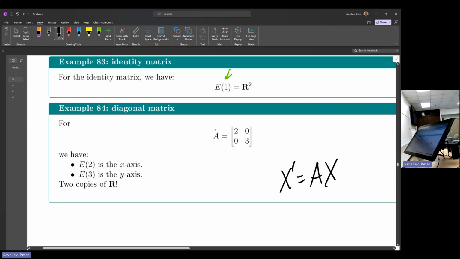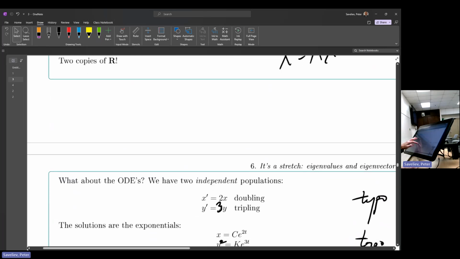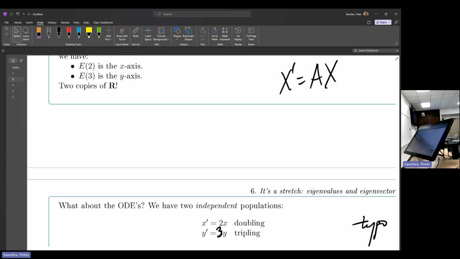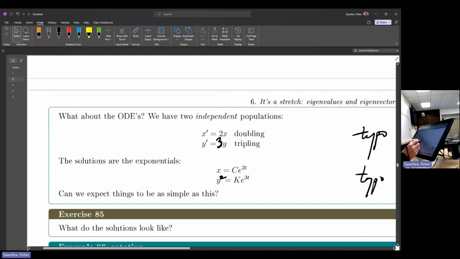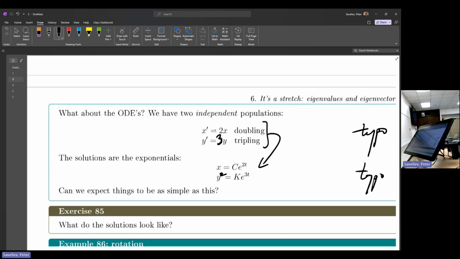Once again, pretending that we don't know the answer, we run through and find the eigenvectors, and therefore the eigenspaces, and then our dynamics will be very simple along those eigenspaces. It will be doubling on the x-axis and tripling on the y-axis. If that's the case, then it can be very easily solved by the means that we know, because 2 and 3 become the exponent of our function. So look at that, x prime is equal to 2x.